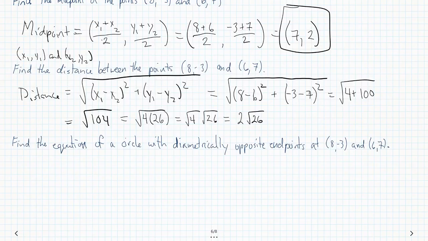So now, using these two pieces, let's see if we can find the equation of a circle with diametrically opposite endpoints at 8, negative 3, and 6, 7.